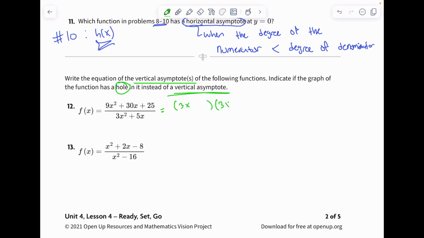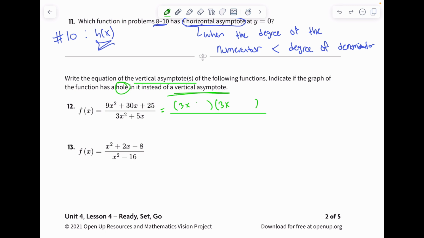And where did I get that? Because I just think that that's going to work for us. And also, you have to be a little bit intentional with what you're doing. So I'm hoping that something will cancel out with this. I'm not entirely sure. Maybe, who knows? And then the bottom, I'm also going to be able to factor that. So I need to think about numbers that multiply to 25 and give me plus 30.